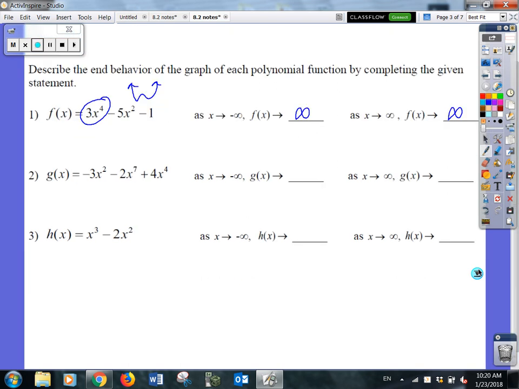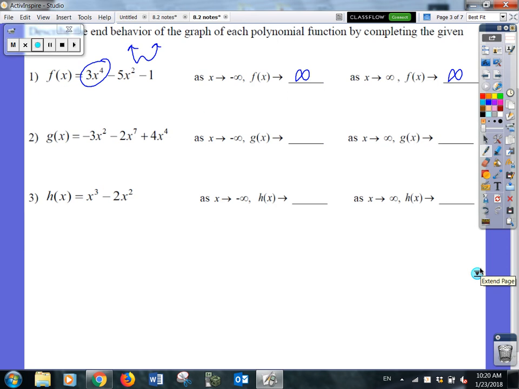All right, this second one is not in standard form. So you could put it in standard form, or you could just look at that leading coefficient and degree. That's the term that we care about, because the way it's typed for you is not in standard form. So 7 is an odd number, so odd means opposite.